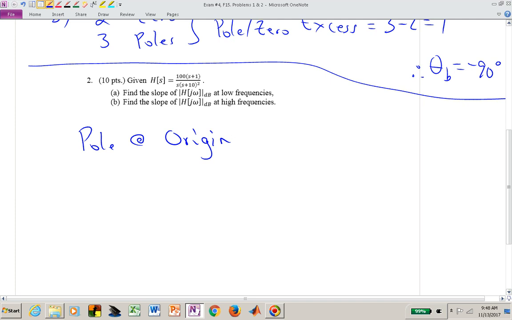At low frequencies, do we have any poles or zeros at the origin? Poles are always sloping down, and we just have one pole at the origin, and it's going down at minus 20 dB per decade. That means that the slope of this transfer function is impacted only by that single pole at low frequencies.